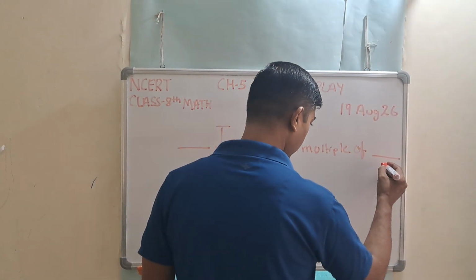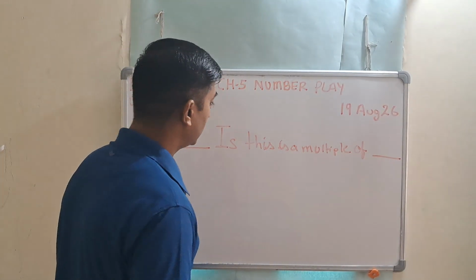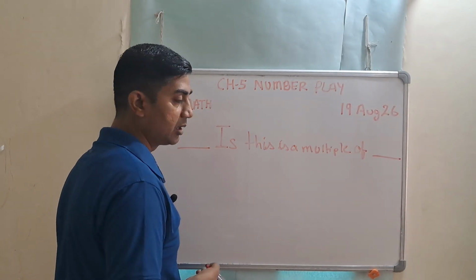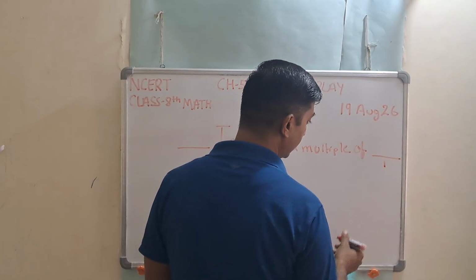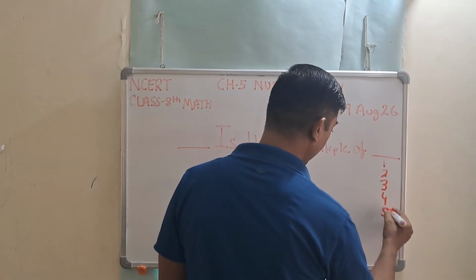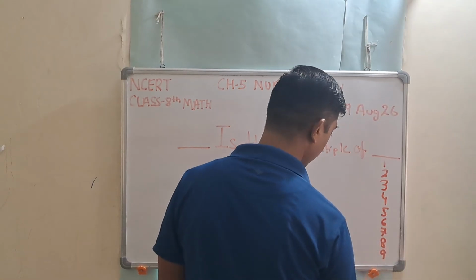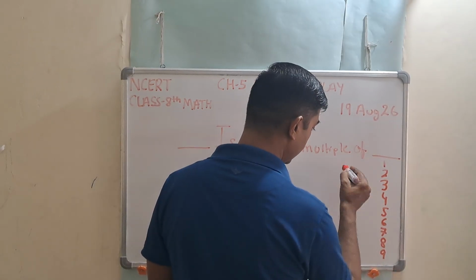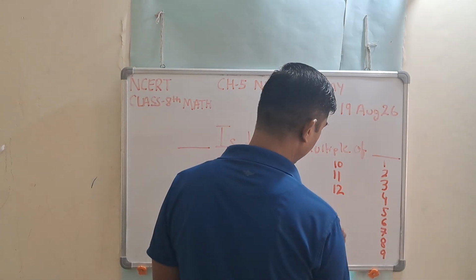Now see, the most commonly used numbers which come in our mathematical operations, for which we have to find out whether the given number is a multiple of them or not, are 1, 2, 3, 4, 5, 6, 7, 8, 9. Understood? And if we continue this list, 10, 11, 12.